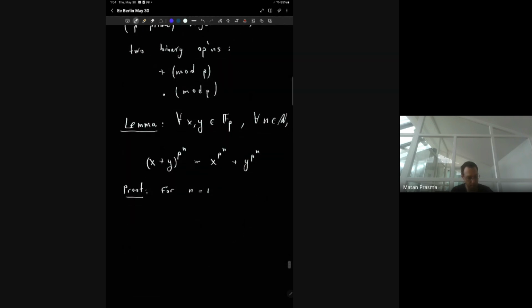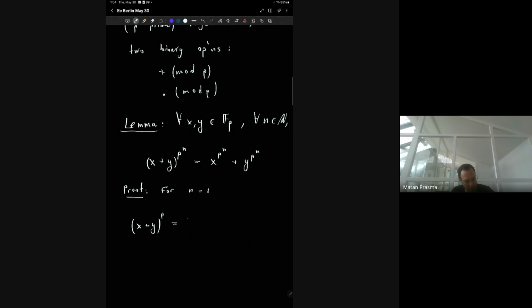How do we see this? We are going to prove it by induction. The induction is going to be very, very simple. We start with the case of n equal 1. I write x plus y to the p according to the binomial formula.